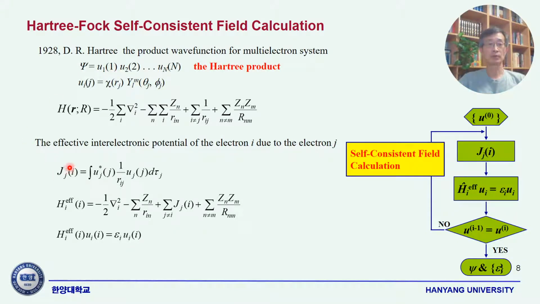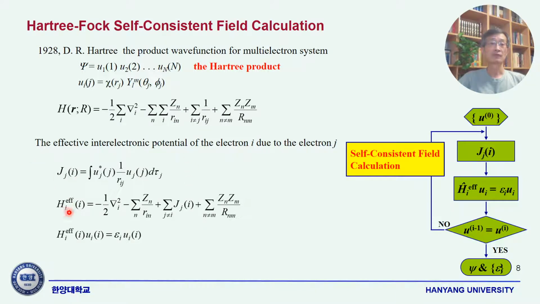That's what we call J, the effective electronic field for electron i due to j, which is a Coulomb integral like this. Uj is in the field of j: Uj star and Uj, and then the expectation of 1 over Rij. So this is the field electron i experiences due to electron j, the Coulomb field of electron j.